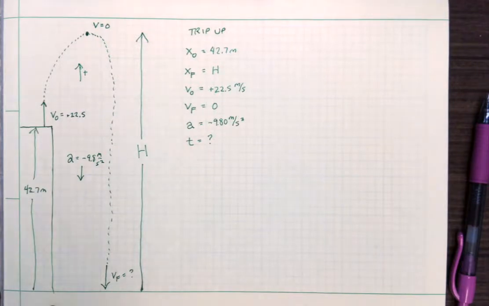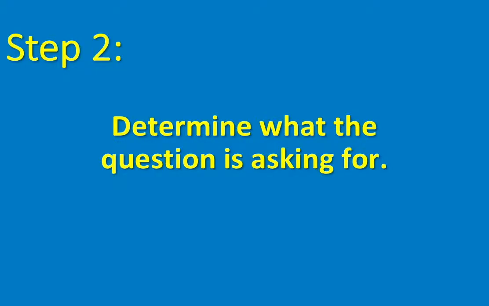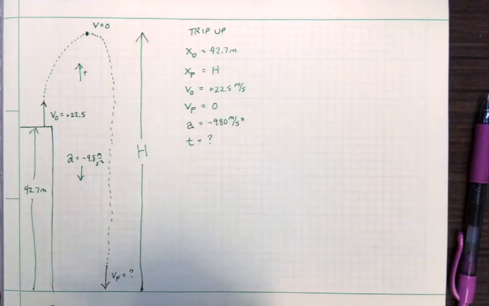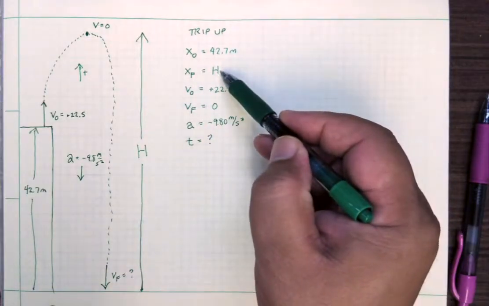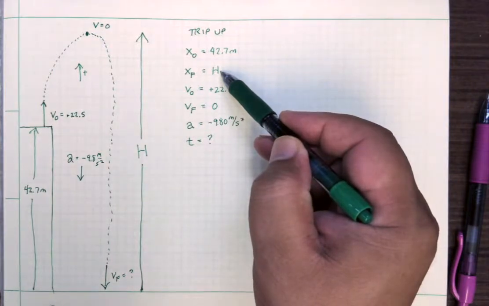Right, so we have examined the problem. We have determined what the problem is trying to tell us. Step 2 is to determine what the problem wants us to find out. Right, that is going to be this right here, the final height on the trip up, the highest point that we reach, and we're just going to call that h.